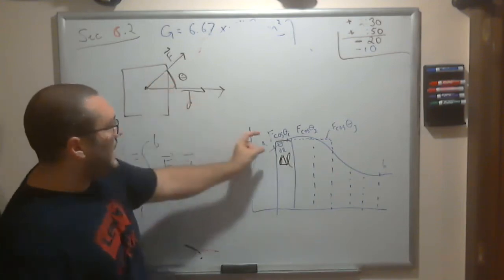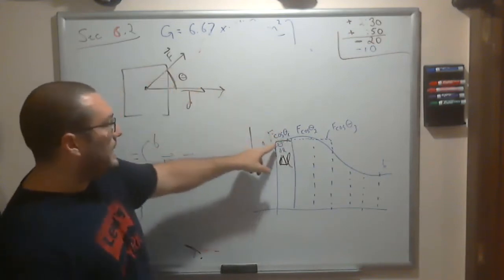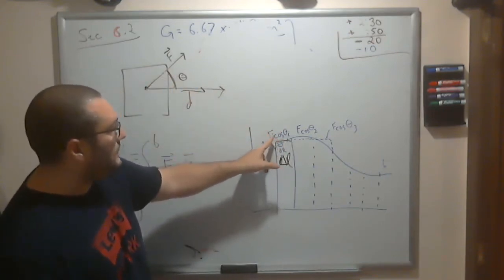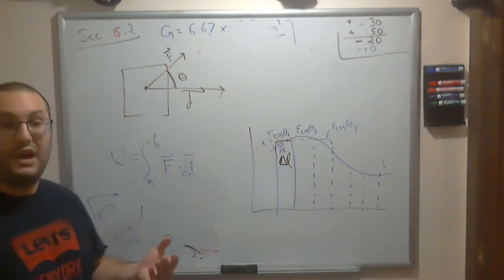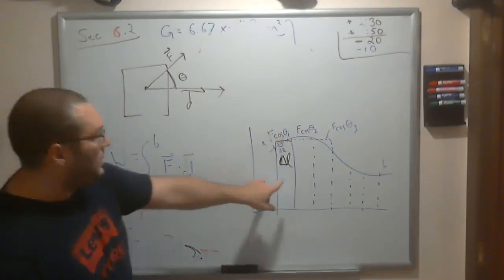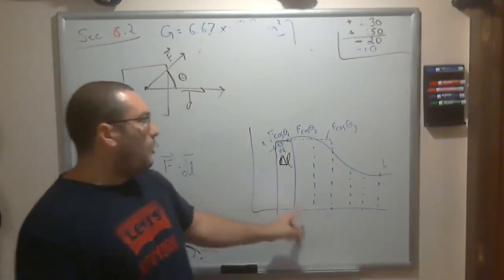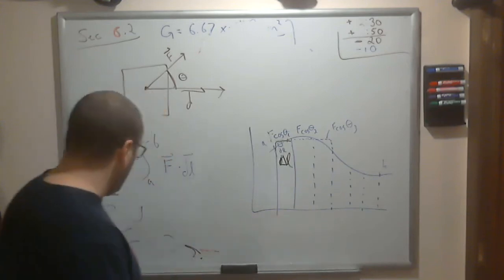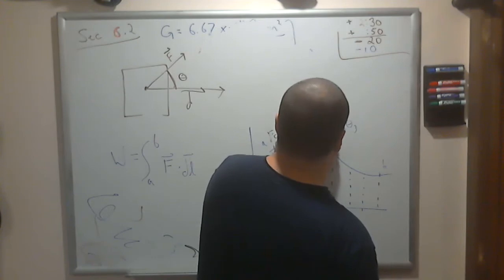So here we just take the average force for that particular region, and then we take the average angle, and then we just calculate the work for those particular averages, and then we scale it up to the size of our interval. Then we add up all these other points where we have some force too. Maybe the force changes along the way.